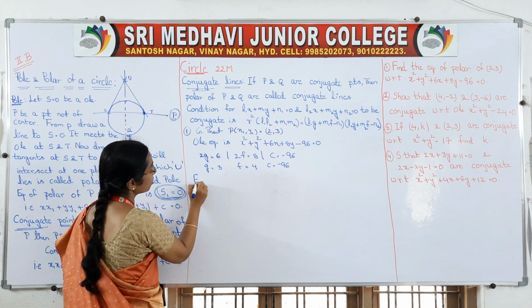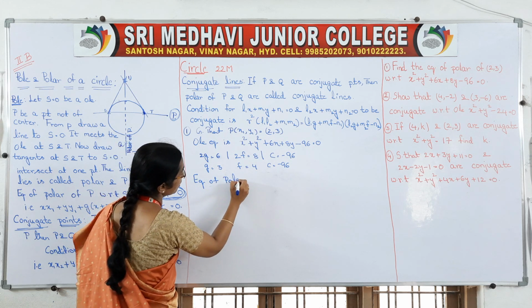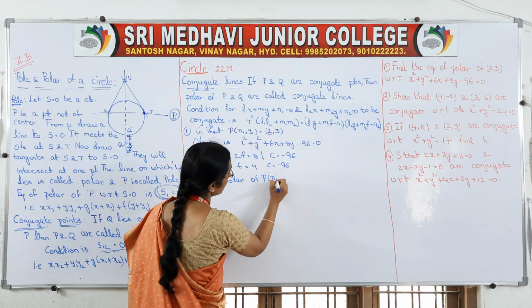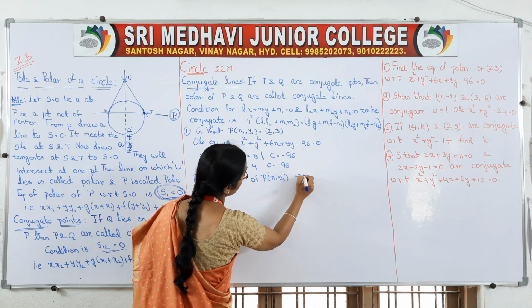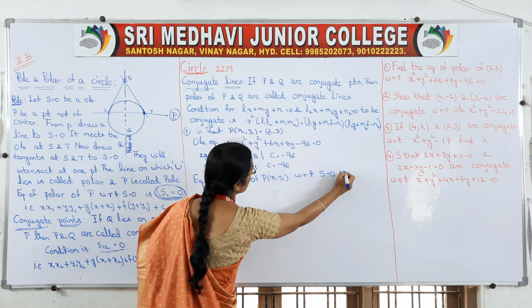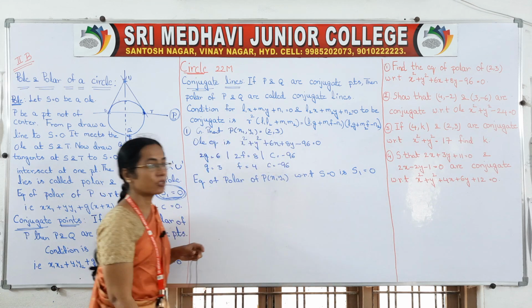Therefore, we have to get the equation of the polar, right? First write the formula. The polar of P (x1, y1) with respect to the circle S is equal to 0 is, what is the formula? S1 is equal to 0.